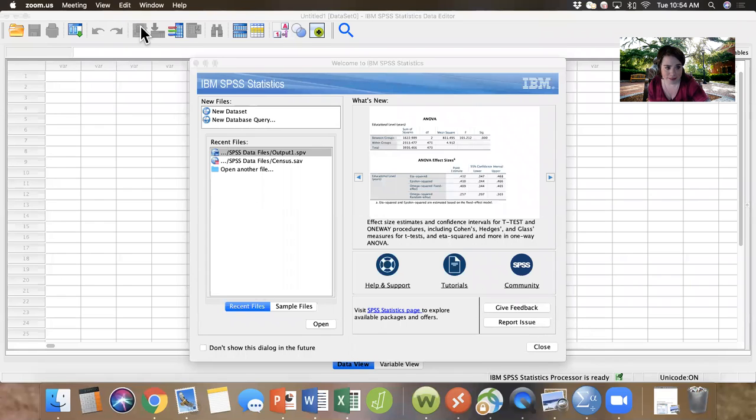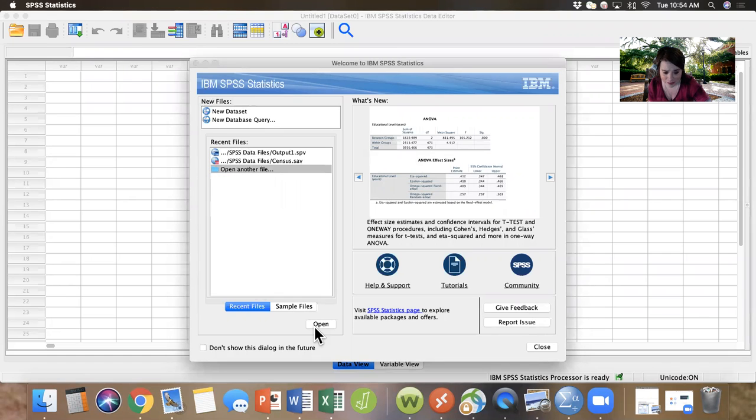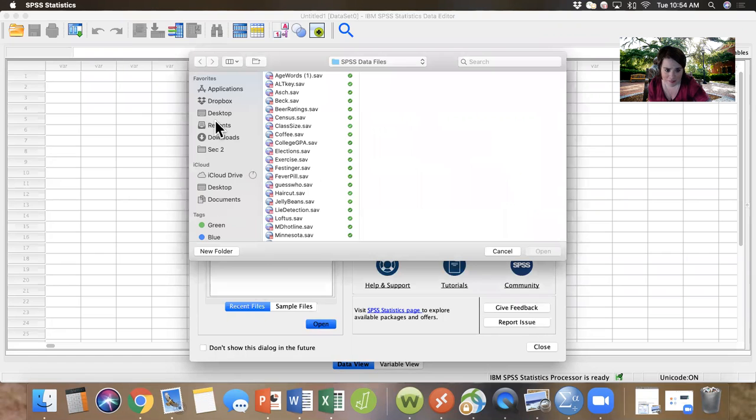As you can see, I have my SPSS open to the initial screen, and I'm going to select open another file here, and open. That's going to show me all of the data sets that I have.